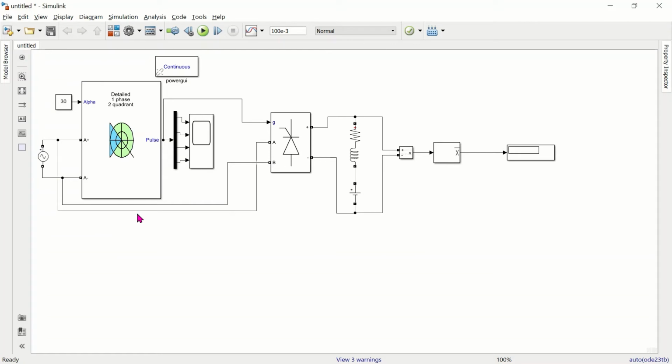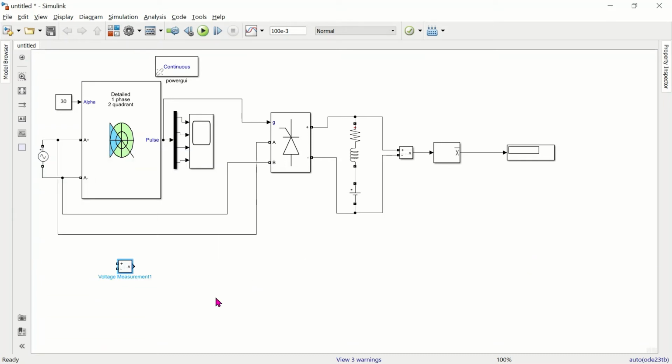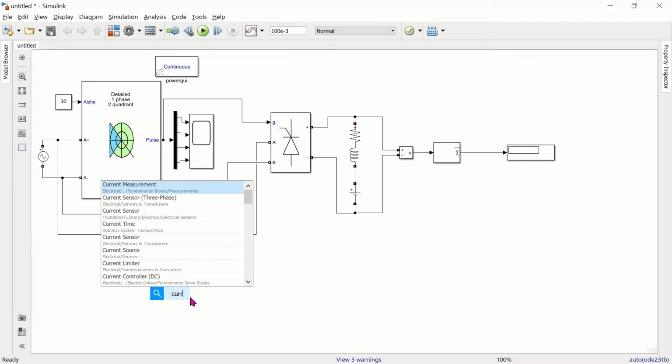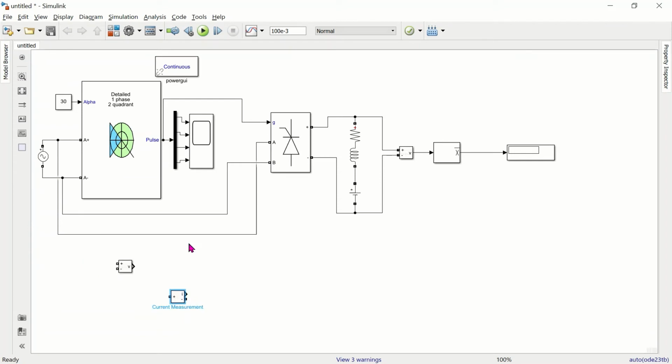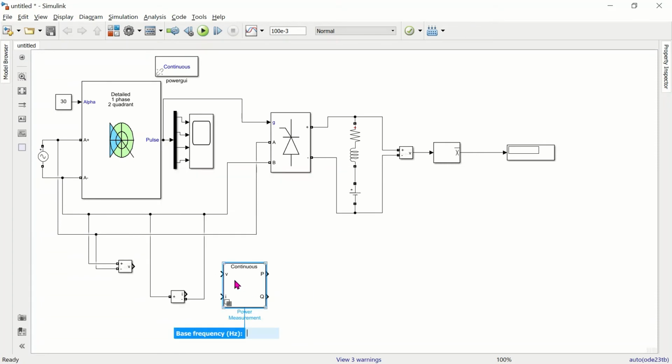Here we have to measure the input power: voltage measurement, current measurement. We have to measure the current, and with the help of this we have to measure the power.